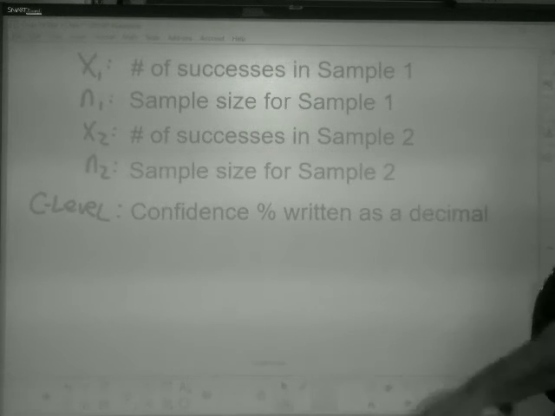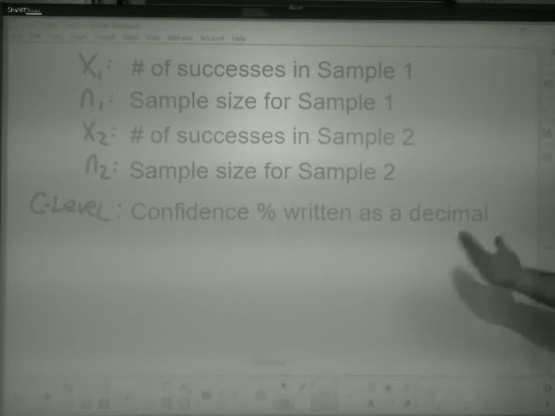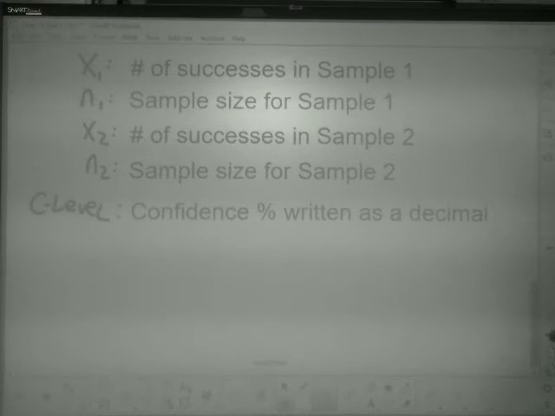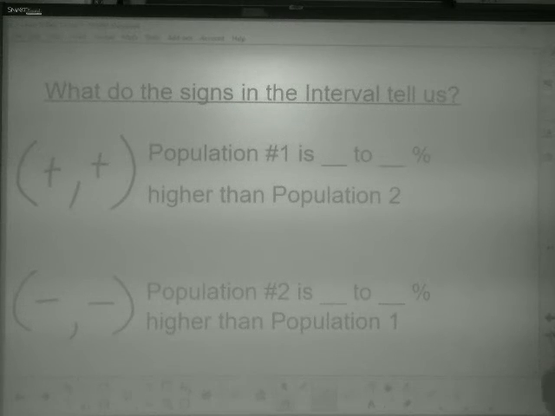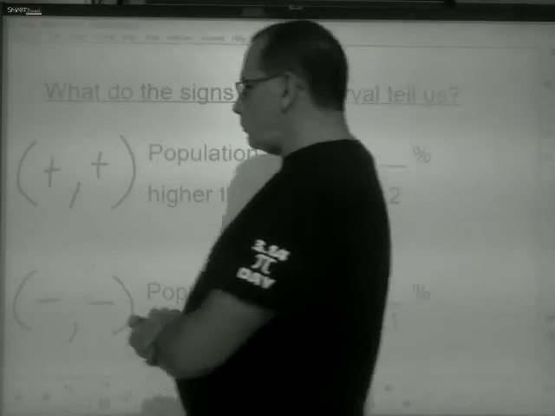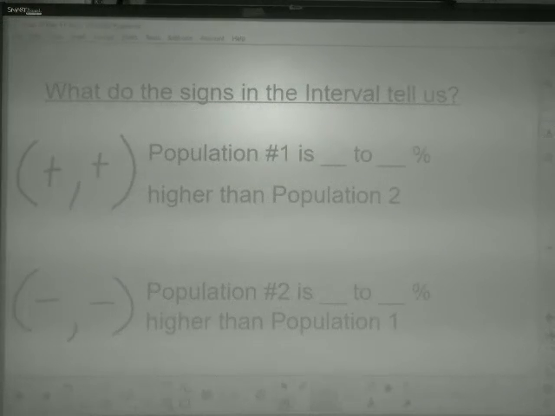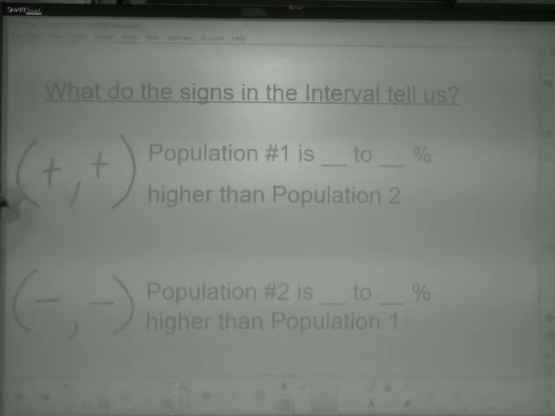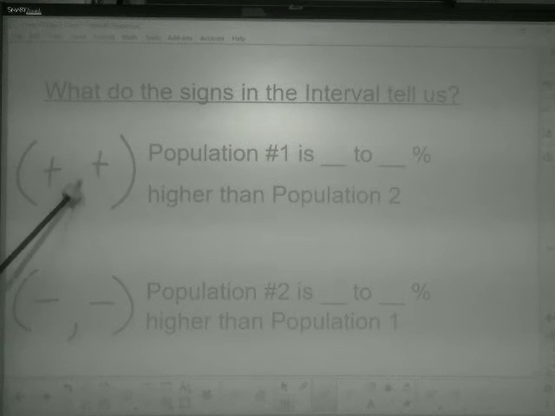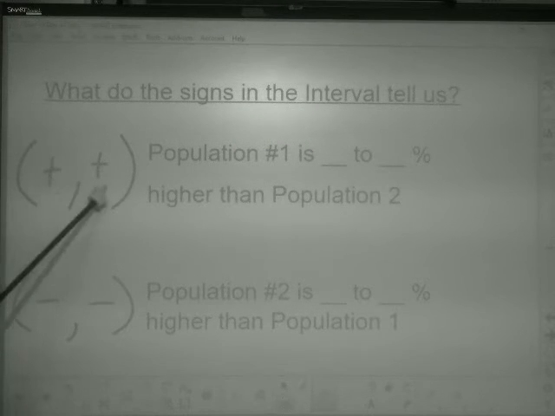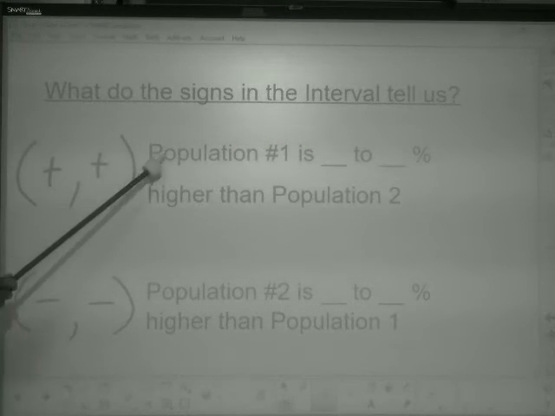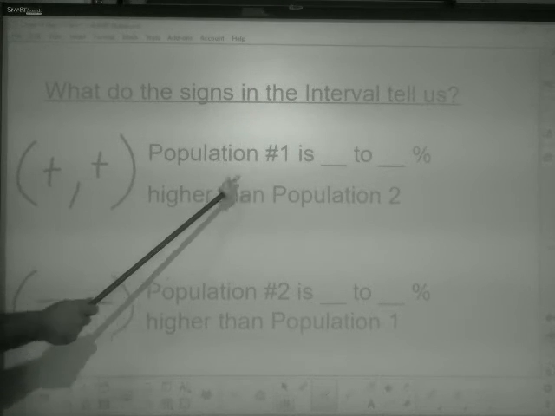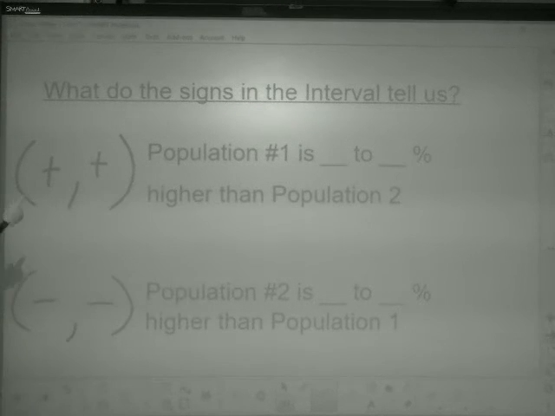It's going to give you a set of parentheses. But what's different now is that the parentheses that you get will take on three different options. Both numbers might be positive. And if both numbers are positive, then the interval is an interval in which the first population is higher than population 2.